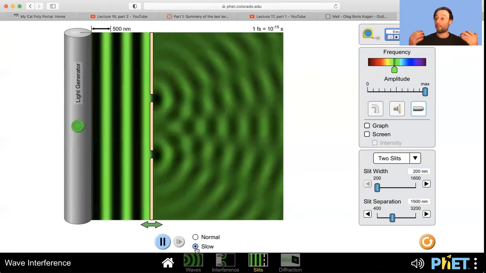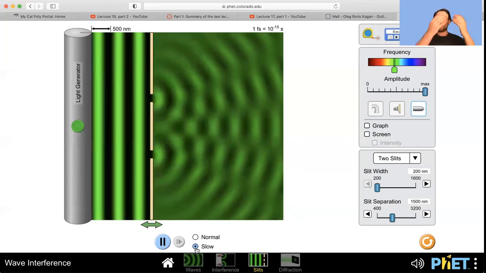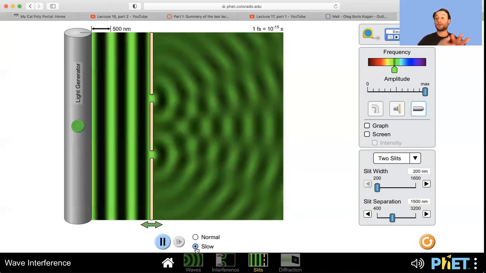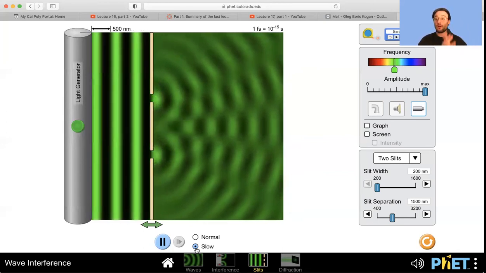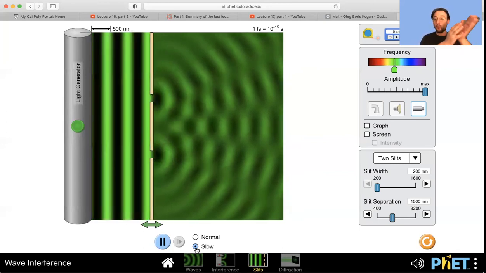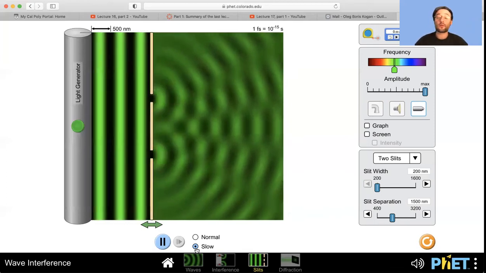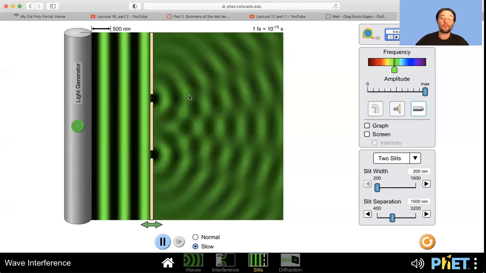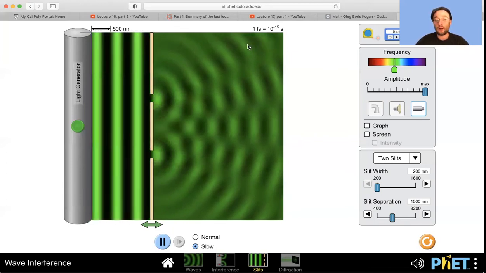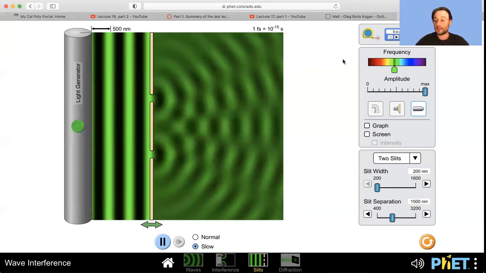And yes, by virtue of the fact that light is a wave, this could also be other forms of waves, water waves, sound waves. By virtue of the fact that it's waves that we're sending through the slits, you get interference. You can clearly see zones where amplitude is large and zones where amplitude is small.